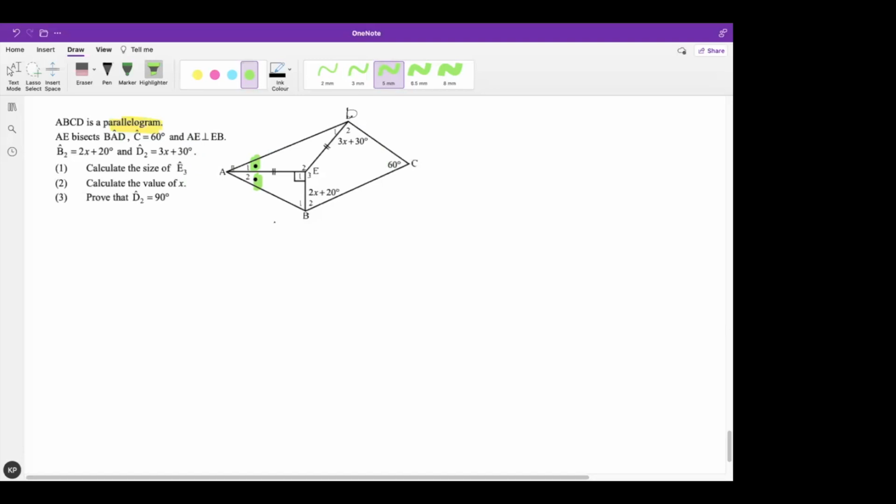And AE is perpendicular to EB. They've shown us the 90 degrees. B2 is equal to that. D2 is equal to that. Calculate the size of E3. Where is E3? Let me first find E3. It's over there. Whoa, this is interesting.